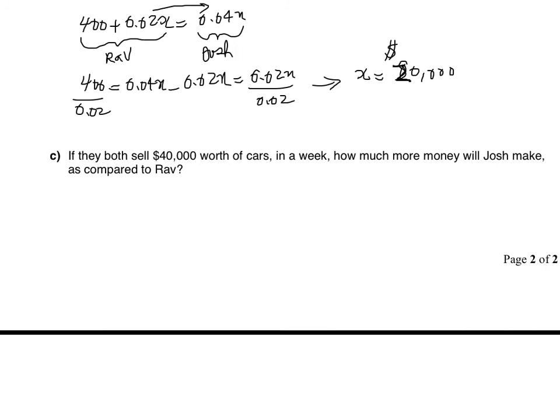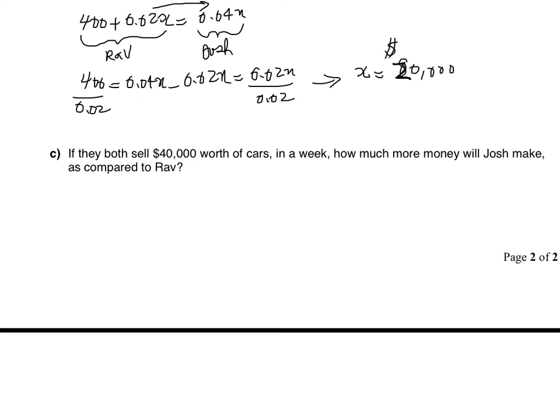The next part, which is the last part of the test, asks if both of them sell $40,000 in a week, how much more money will Josh make as compared to Rav? Remember, Rav makes Y is equal to 400 plus 2% of his sales, which is 400 plus 2%, but the sales is $40,000.